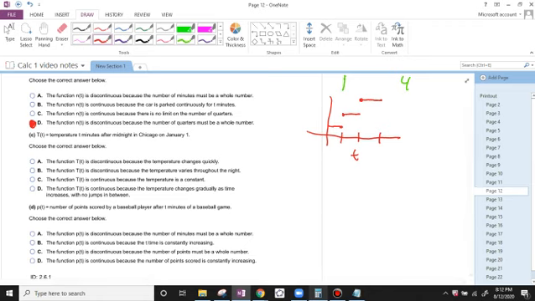So here, yeah, players score runs, I guess, but they're using points. But the bottom line is, because it's a whole number, you don't hit the numbers in between the whole numbers, and so that means you're jumping from point to point. So for the same reason, the number of points scored is a whole number, and so the function is discontinuous.